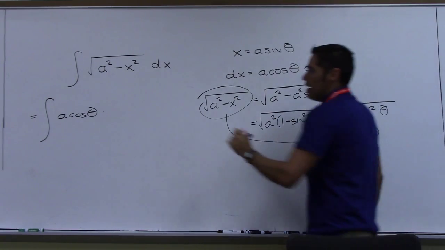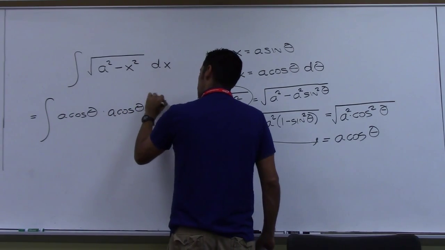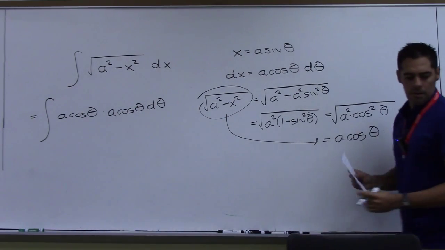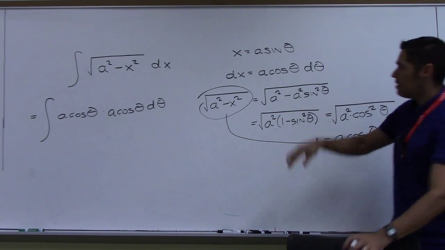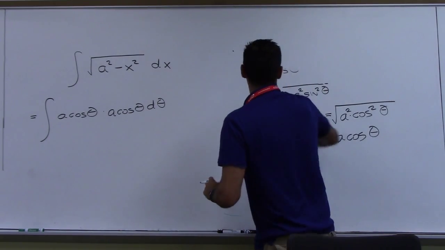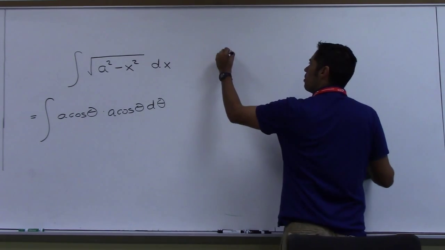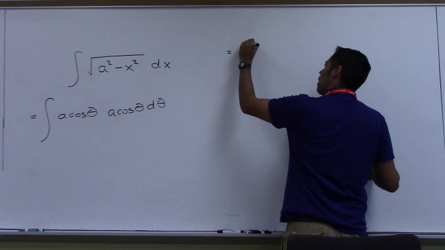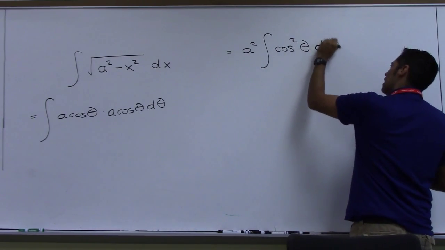So this should be a cosine theta d theta. Which of those are constants? The a's. So a times a is a squared. Bring that outside the integral. And so we get a squared integral cosine squared theta d theta.